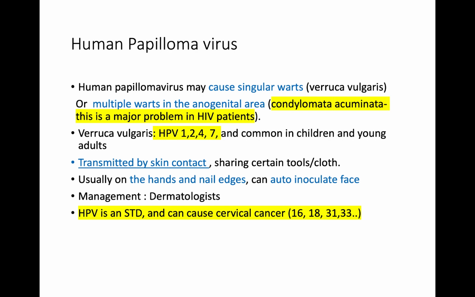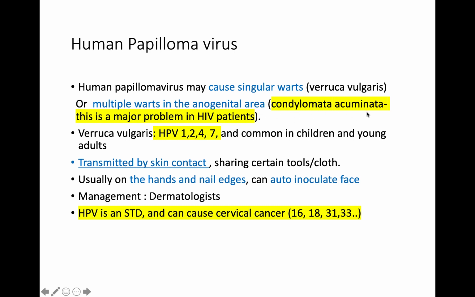HPV may cause singular warts. We talked about HPV before; we worry about it as an STD which can cause cervical cancer. The high numbers, like 16 and 18, are the ones that do this. The low numbers are more common and do not have a risk of cervical cancer. So it may cause singular warts, verruca vulgaris, or multiple warts in the anogenital region.